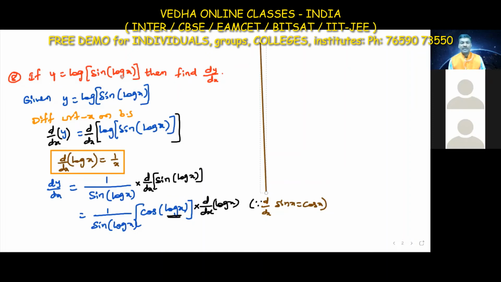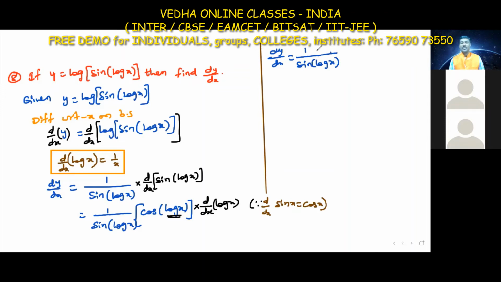What do we have to do here? Write the remaining part as it is, and once again we are going to use the formula d by dx of log x. So now this dy by dx is equal to 1 divided by sine of log x. Write sine of log x as it is.